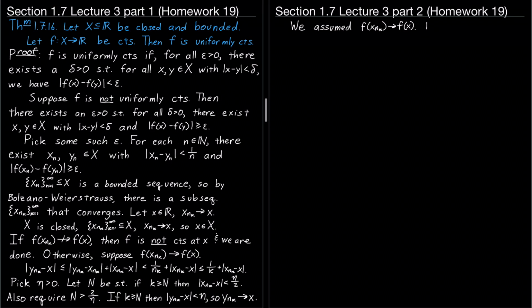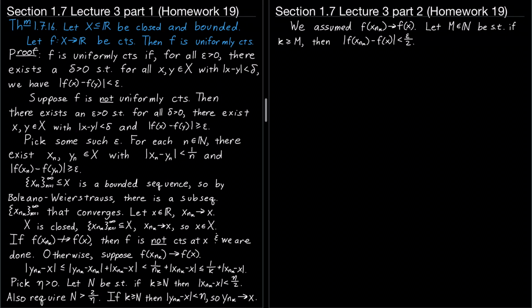So let M be a natural number such that if little k is bigger than M, then |f(x_{n_k}) - f(x)| is less than epsilon over 2.